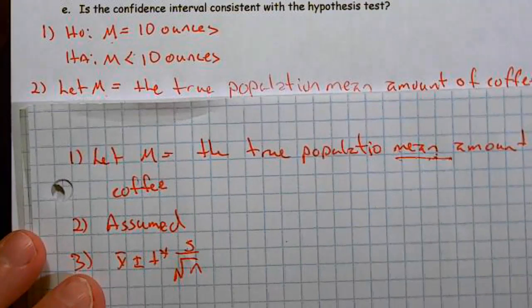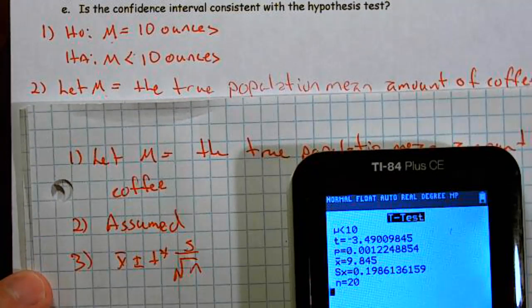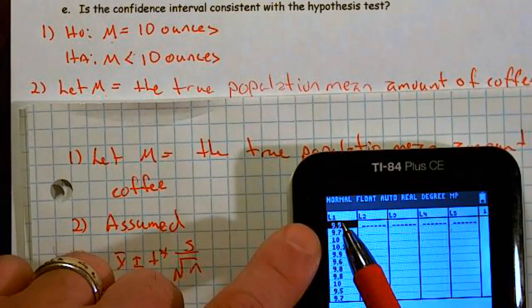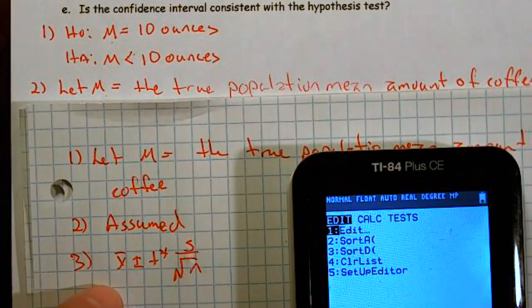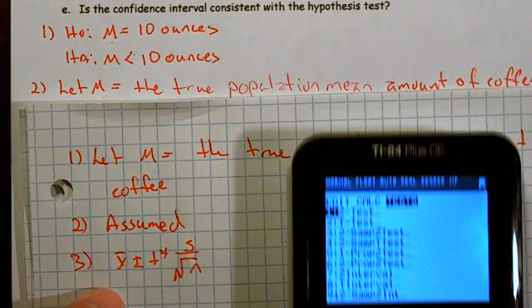The next thing we need to do is enter the data. Well, we've already done that. So since we've already done that, let's get our information, because remember we have our data all entered in L1. And once again, I like to shortcut this, and I go stat, test, and drop all the way down to t interval.